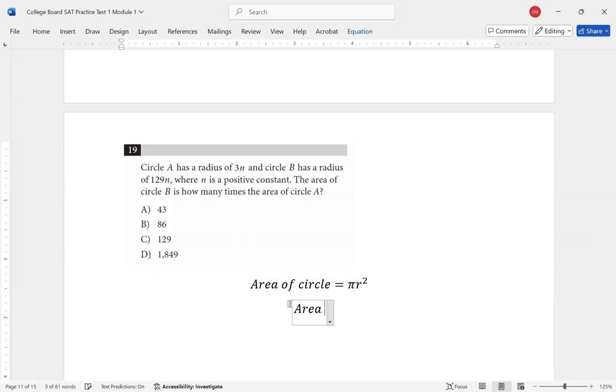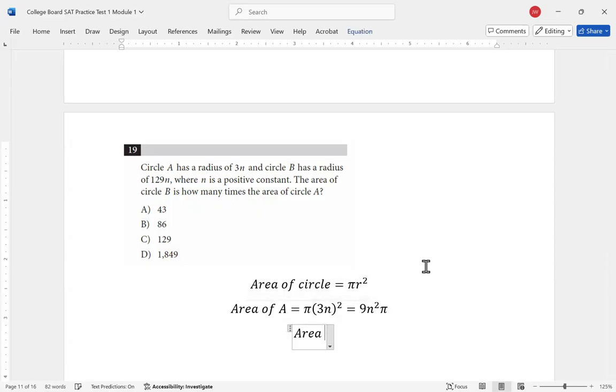So the area of circle A is going to be pi times, in parentheses, 3n quantity squared. When I square all of that, I get 9 times n squared times pi.